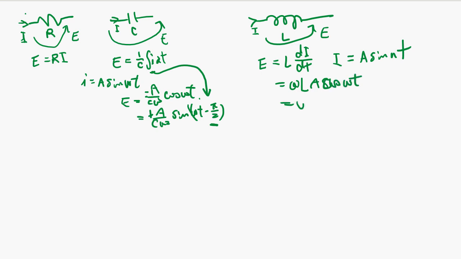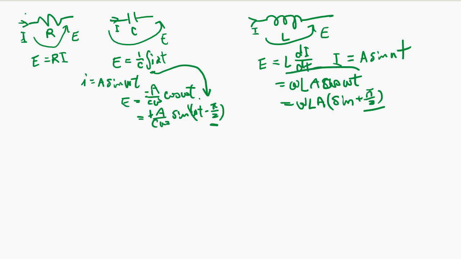This cosine omega t is basically a sine shifted in the phase the opposite way.